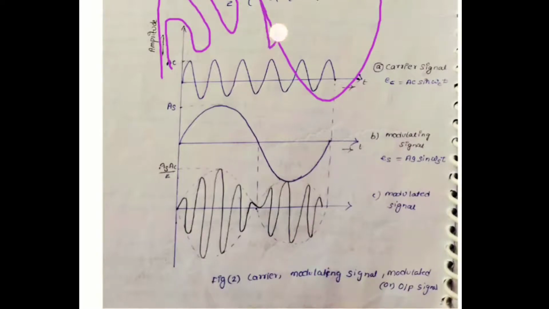That is the modulated signal. This is the modulating signal, this is the carrier signal, and this is the modulated signal: amplitude modulation of a sinusoidal signal.